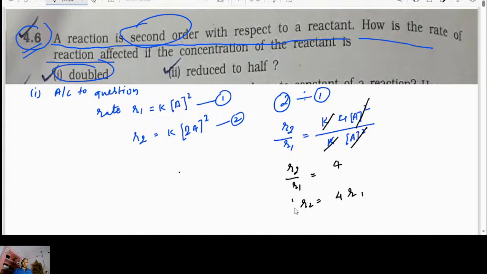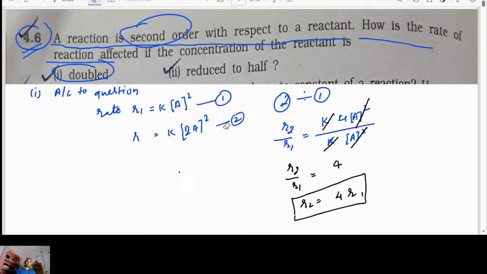If you are increasing the concentration, the rate becomes 4 times. The concentration is increased twice, double, but the rate is increasing how many times, student? 4 times.